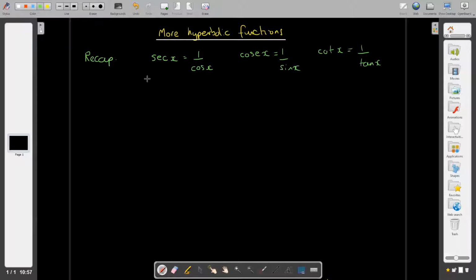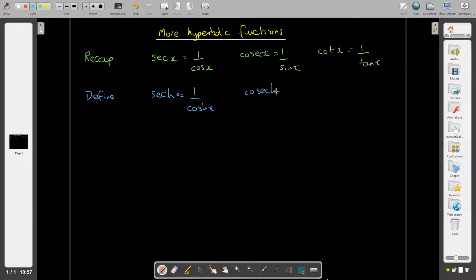You may well have guessed what's happening now, but I'm going to say it anyway. We're going to define the hyperbolic sech to be 1 over the hyperbolic cosine. So sech x is 1 over cosh x. This is where it starts to get really hard to say: cosech x.